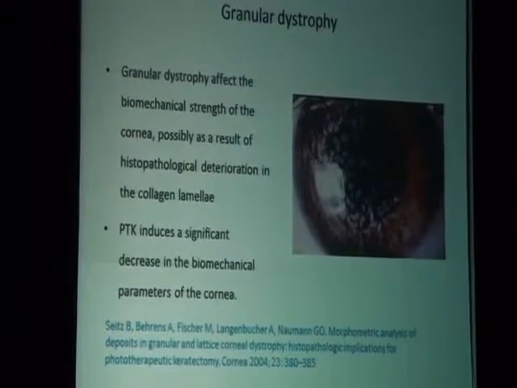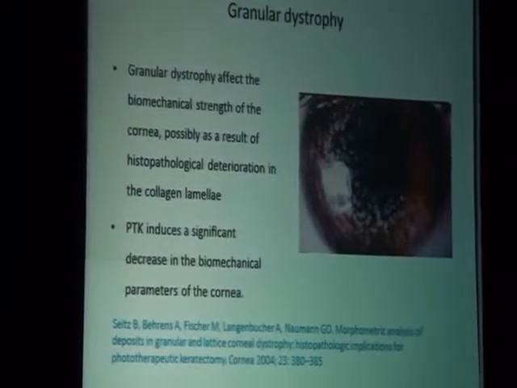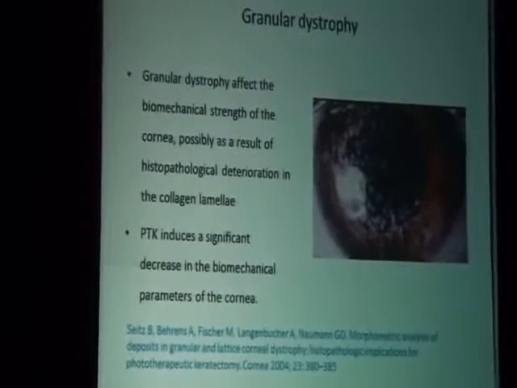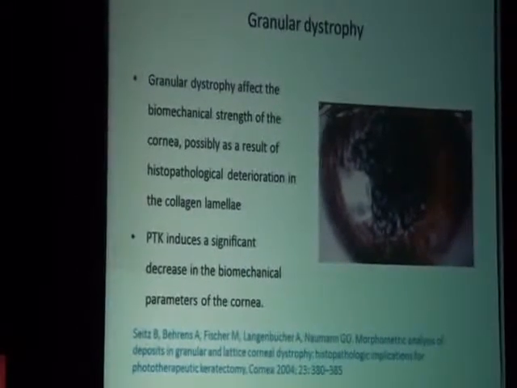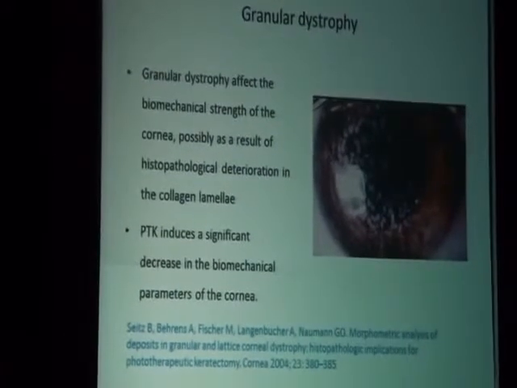So this biomechanics was also checked with other corneal pathologies. Most of you will know that keratoconus and post C3R are the two major places where corneal biomechanics have been studied in detail.